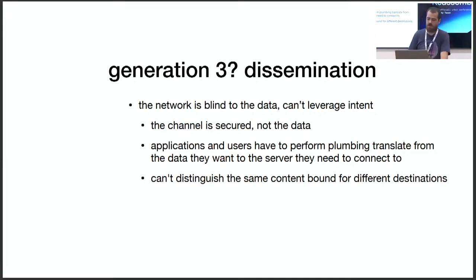And then it's inefficient because the same data in the network bound for different destinations, the network is also blind to that. He says he got a chance to look at a core internet router downstream from NBC during the 2006 Olympics, and there were 6,000 copies of the same video frame of the New Hampshire skier hitting the pole or whatever it was that year.